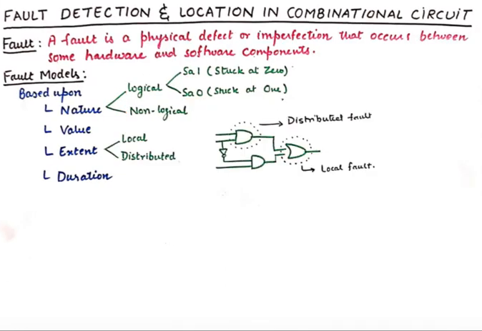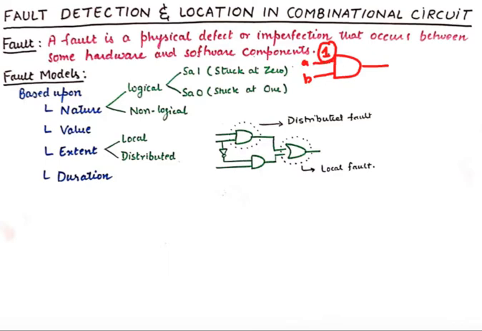Okay, let's look at stuck at 0 fault. For example, we have this gate and we have these two connections, and these connections represent input A and B. Now if for some reason A is stuck at 1, even if we are making A 0, it is not giving a 0 input to the gate.